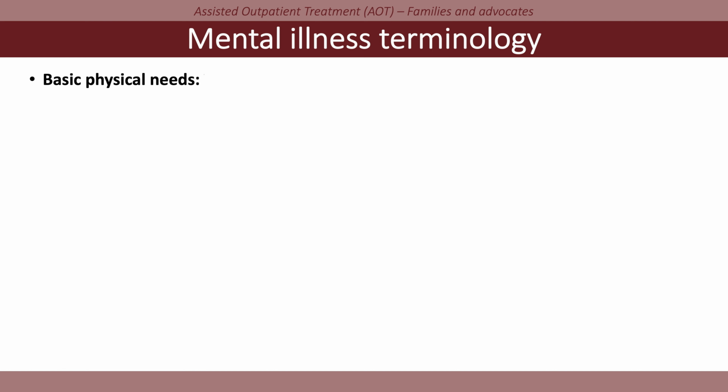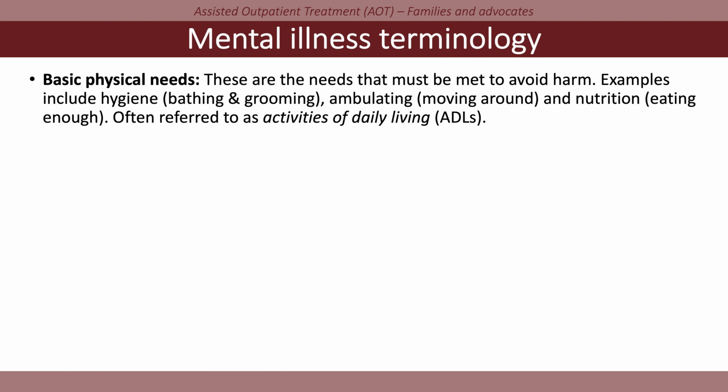Basic physical needs. These are the needs that must be met in order to avoid harm to ourselves. Examples include hygiene, such as bathing and grooming, ambulating, moving around, basically getting around the house, and nutrition, eating enough. These are often referred to as our activities of daily living.